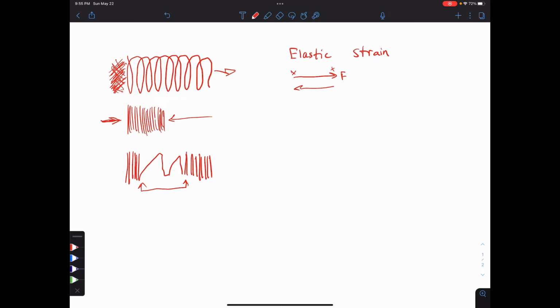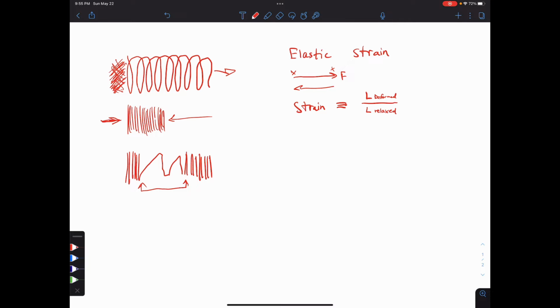Strain is basically defined as the ratio between the deformed shape, so I'm going to say the length deformed over the length relaxed.